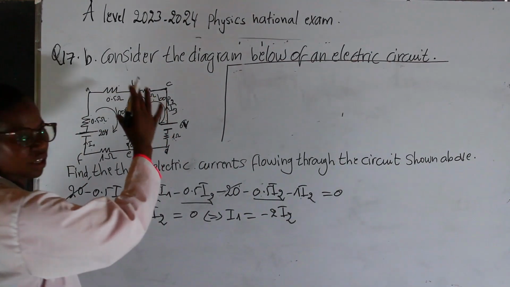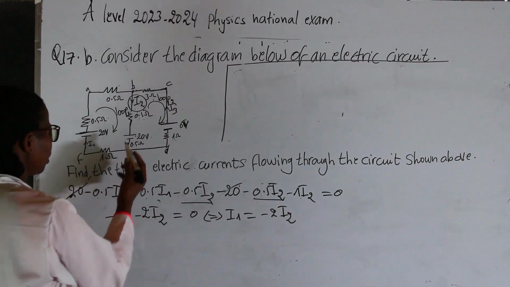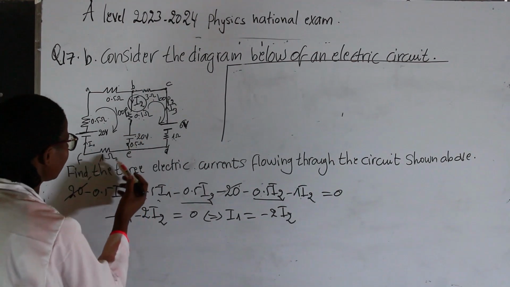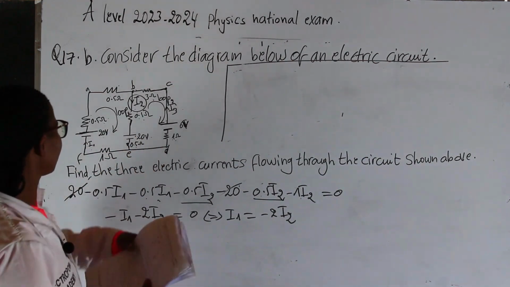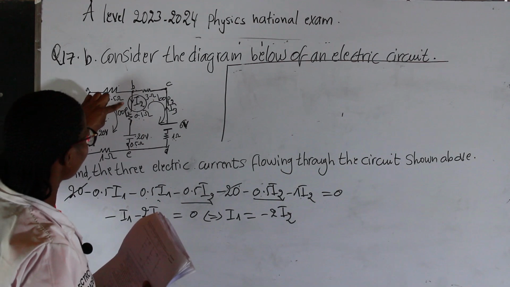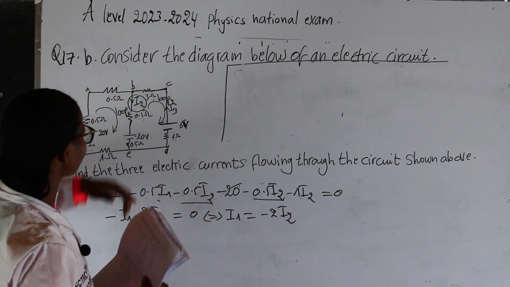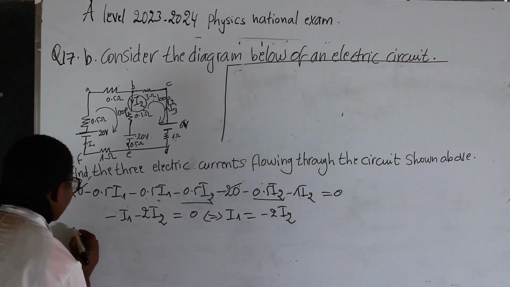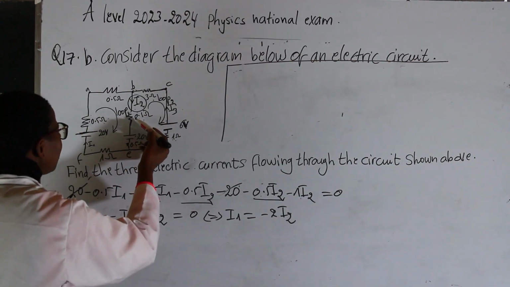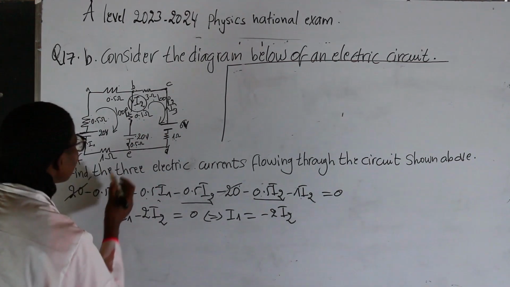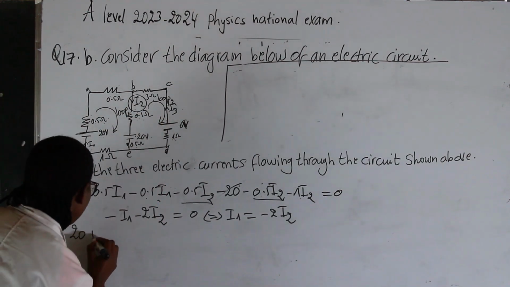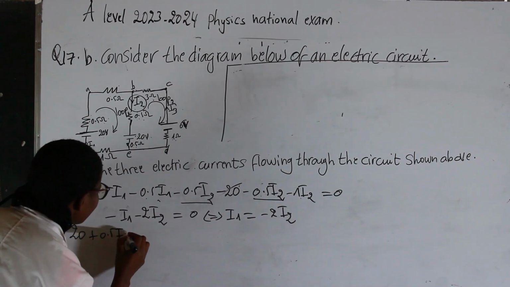Then, considering the second loop, the current is moving in the direction of the loop. Here we have 20, then the current here is 0.5 I2, in the direction of the loop, so plus 0.5 I2.